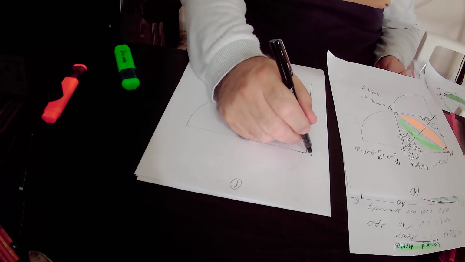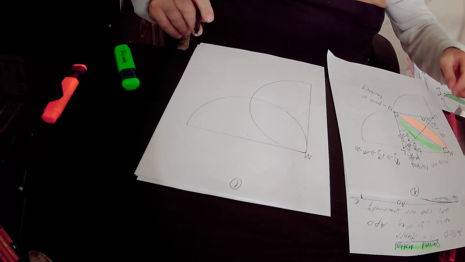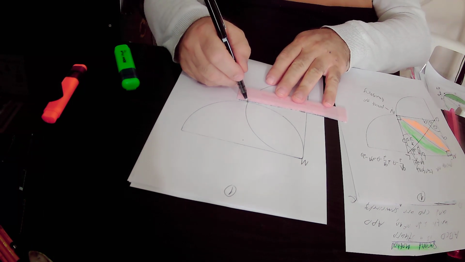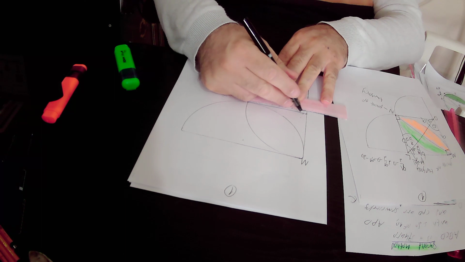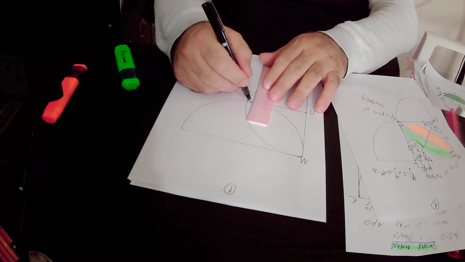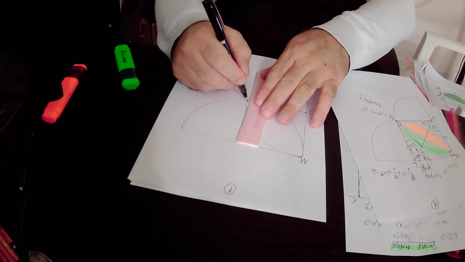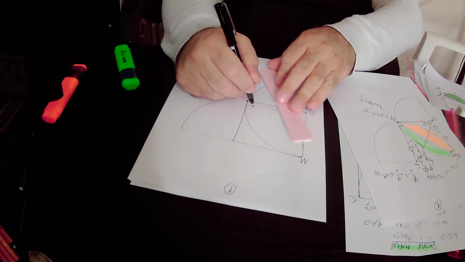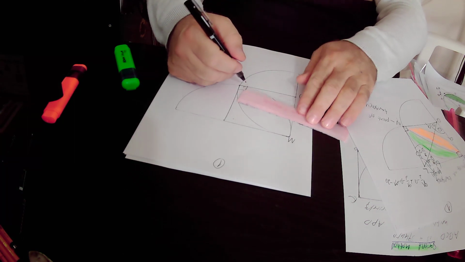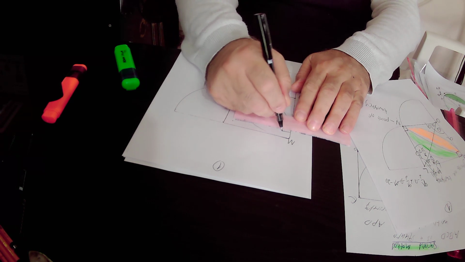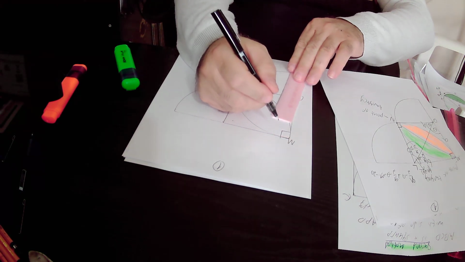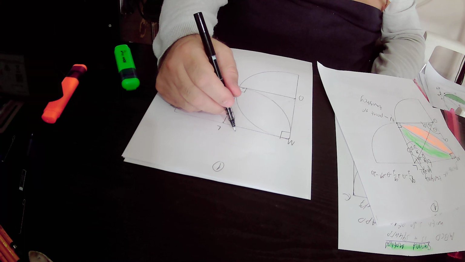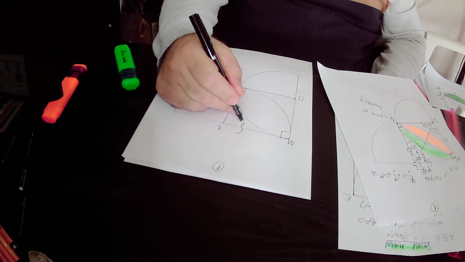So this point equals M, this point equals O. The angle here is 90 degrees. The angle here is also 90 degrees. You know that the radius of each semicircle equals 5 units.